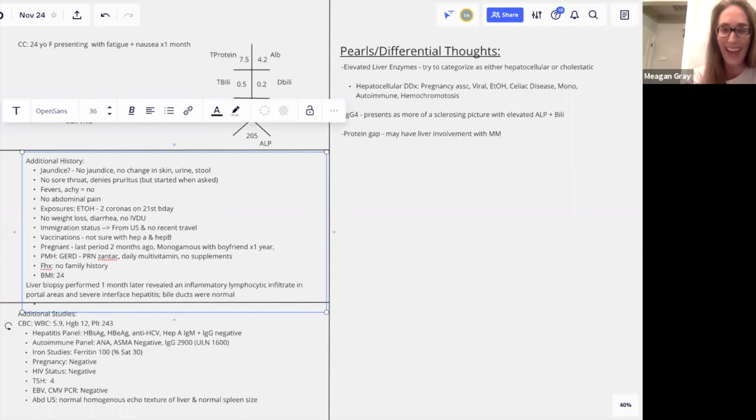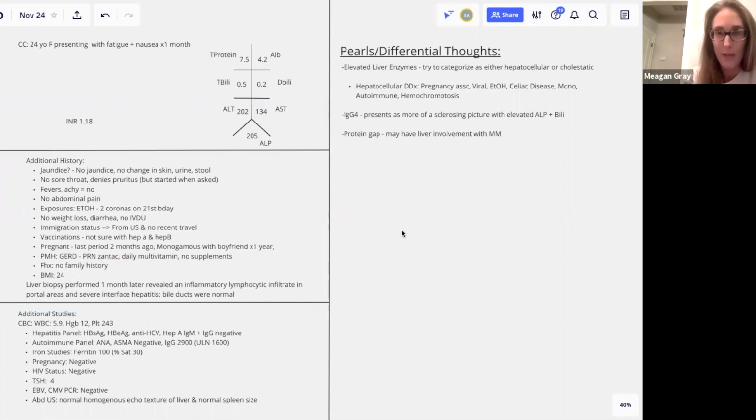And so when you get the liver biopsy, what do you think about? Yeah, so we typically expect a mixed inflammatory infiltrate. Often they'll have lymphocytes as well as plasma cells in the portal tracts. But the interface hepatitis is very classic for autoimmune hepatitis. On your step exams and board exams, that's your keyword.